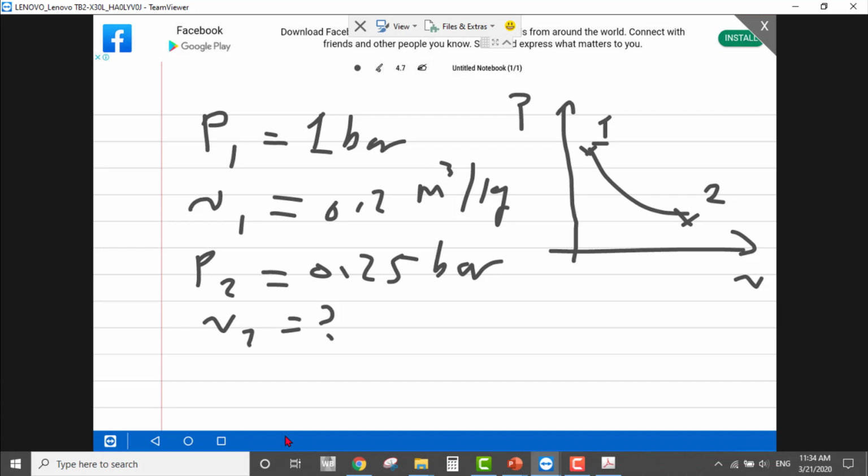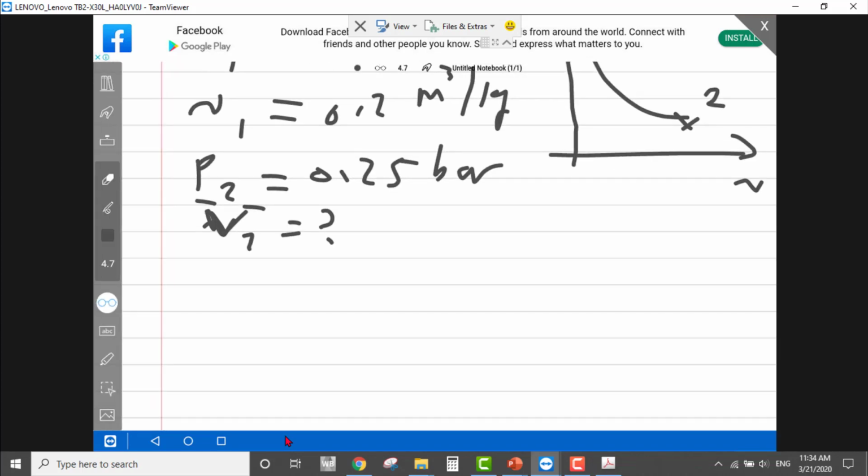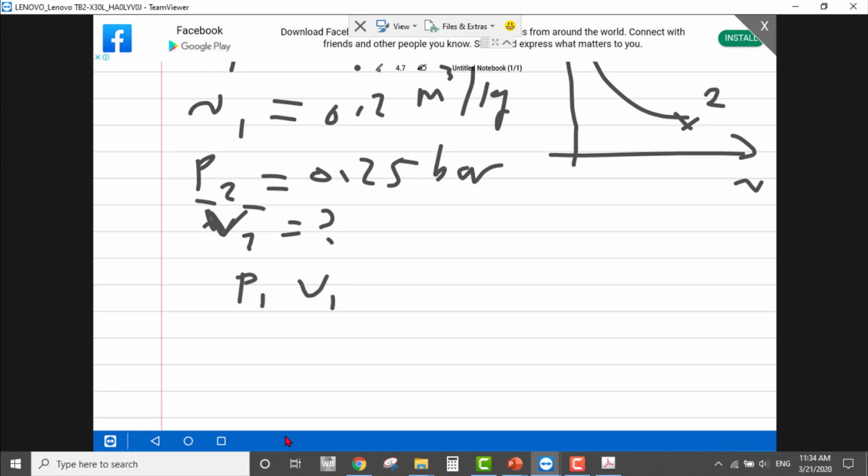Now, we need to find not the specific volume but the volume. The relation given is P1 v1 to the power 1.3 equals P2 v2 to the power 1.3.